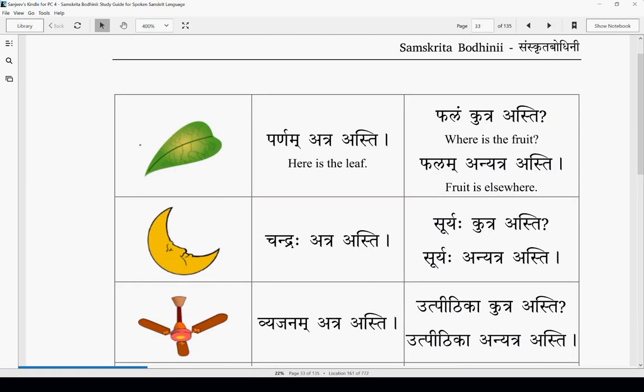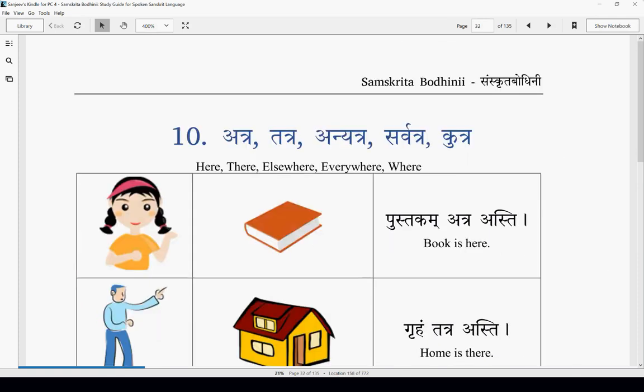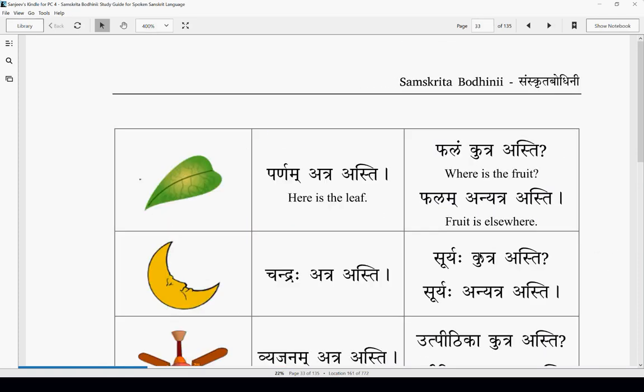Okay, next page. Parnam atra asti. Phalam kutra asti. Phalam anyatra asti. Here we are adding one more point; atra, tatra were in the last page.